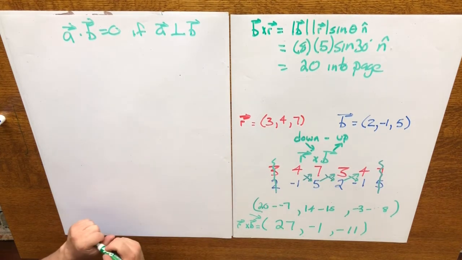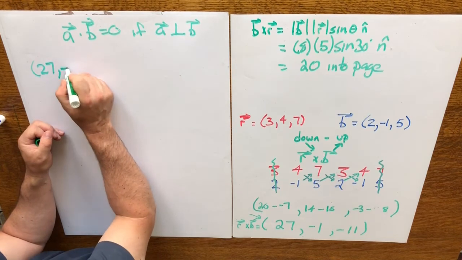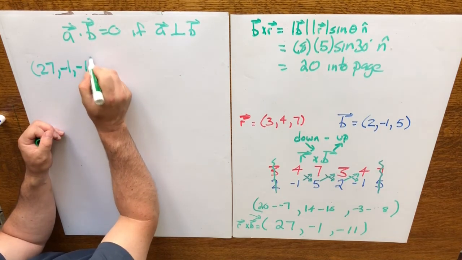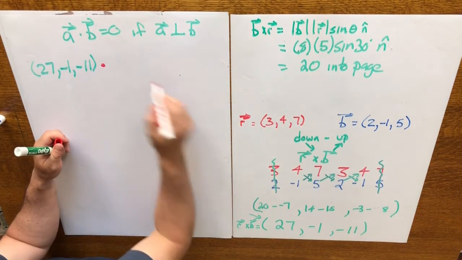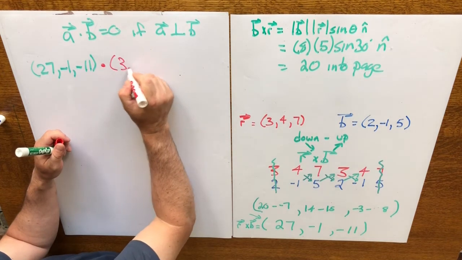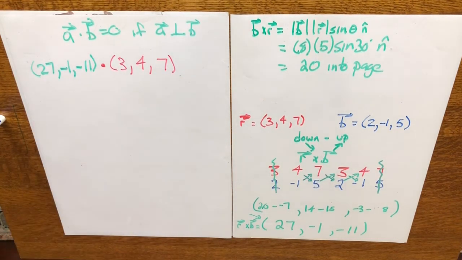So if I take 27, comma, -1, comma, -11, this green vector down here, and do a dot product with either one of these, we should get 0 for an answer because it is perpendicular.